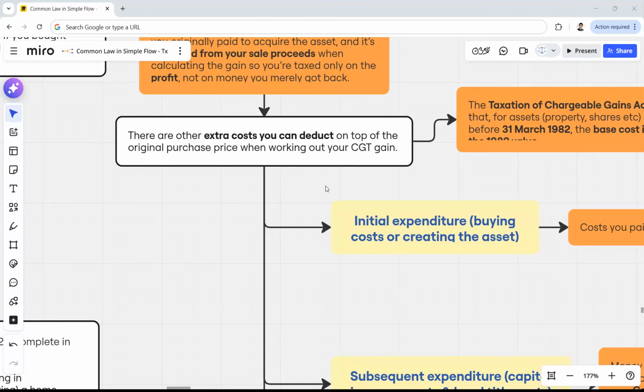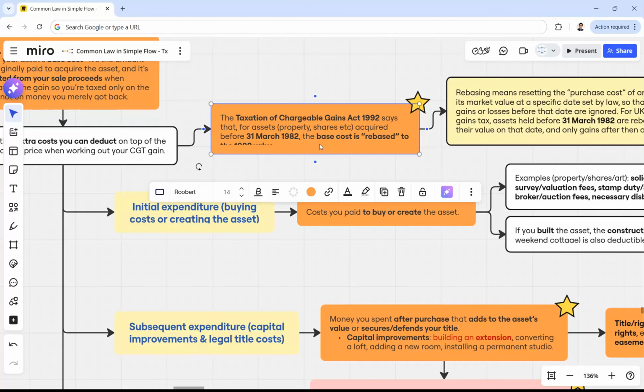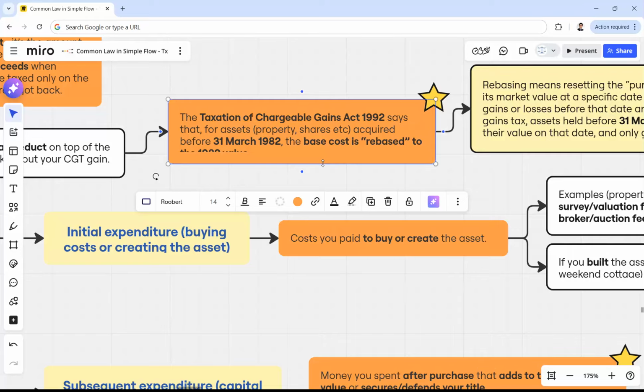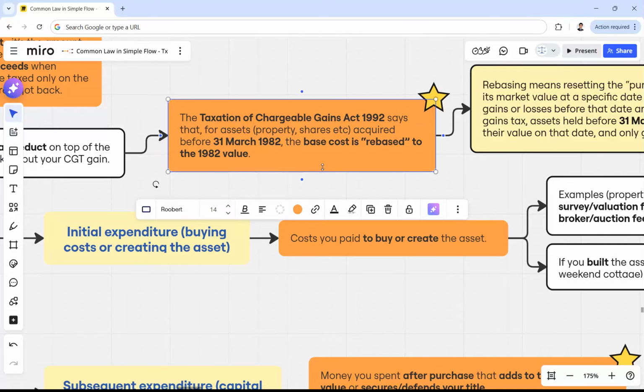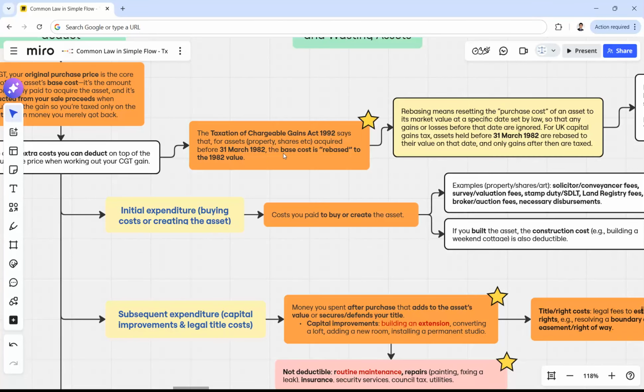There are other extra costs you can deduct on top of the original purchase price when working out your CGT gain. The Taxation of Chargeable Gains Act 1992 says that for assets like property, shares, etc., acquired before 31st March 1982, the base cost is rebased to the 1982 value.